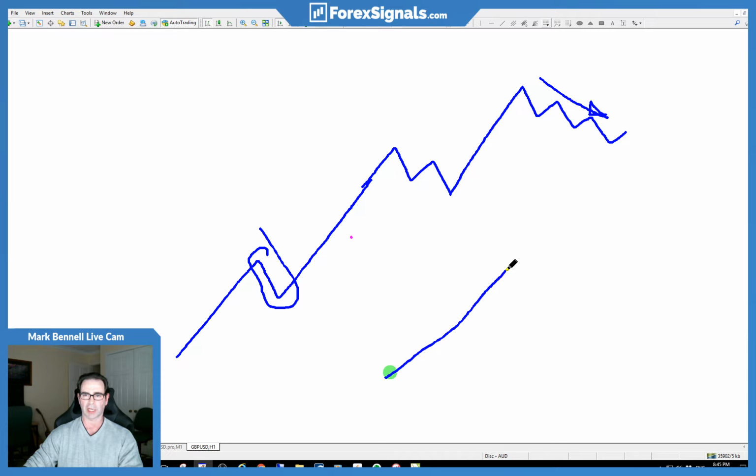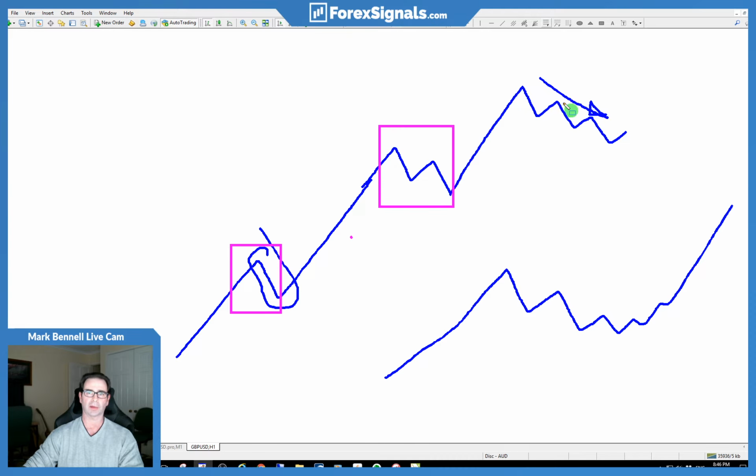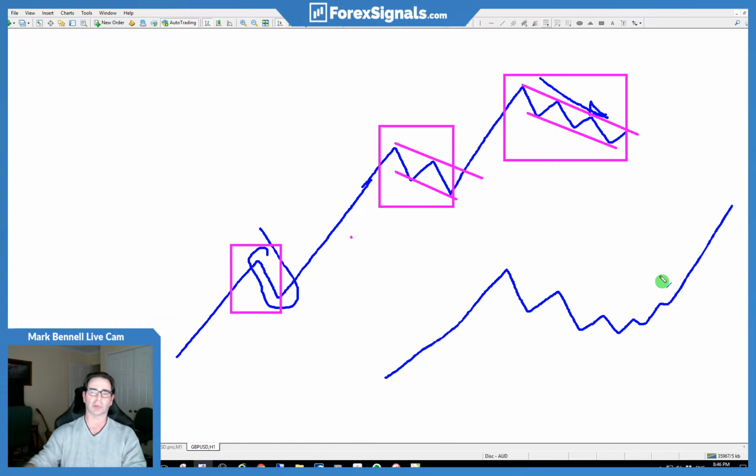And we can also get pullbacks that do start as an ABC and then create a base and then head off. So each of these is basically just a type of pullback. All right. So some of you may also see some of these as just our falling flag. All right. So that's a common name for just a pullback.